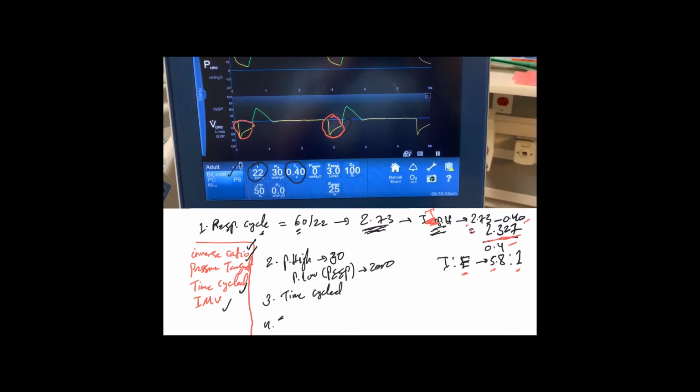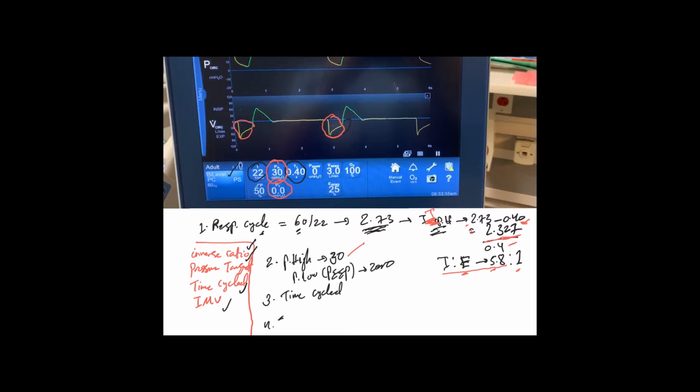That brings me to the next point, that we picked a pressure high of 30. This is the inspiratory pressure, the same one we use in pressure control. The pressure low, or the PEEP, is 0, and you can do that, of course, because you spend very short time in expiration, and mostly your time is in inspiration, so mostly you're getting the 30 centimeters of H2O.